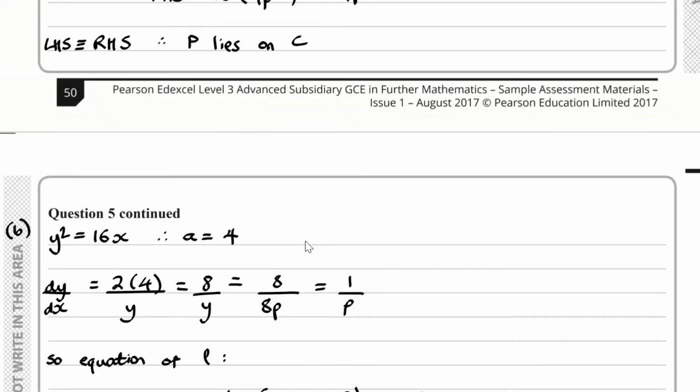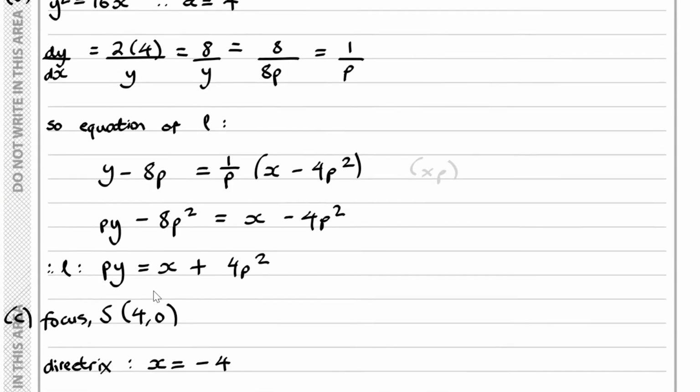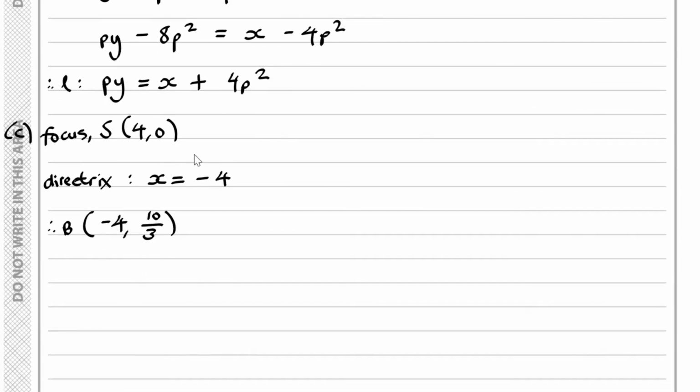With this point, if we substitute this back into our equation L, we can find out what p is, because we know what y is, that's 10 over 3, and we know what x is, that's minus 4. Sorry, we have py equals x plus 4p squared, so we have 10 over 3 p equals minus 4 plus 4p squared, and we wish to find out what p is.